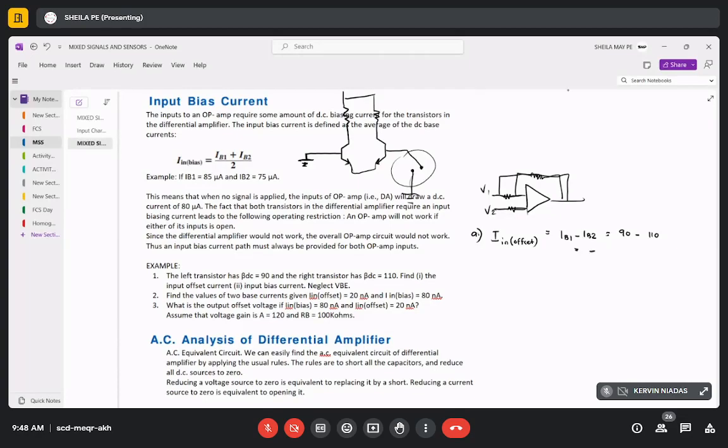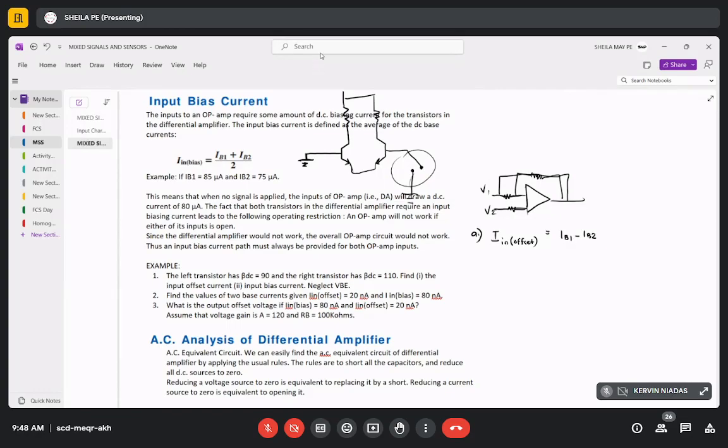So that's negative 20. Oh no. Alright, class, you are spacing out.